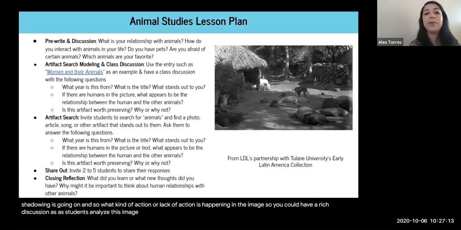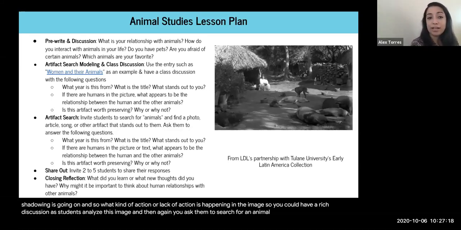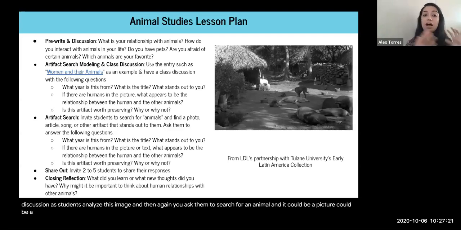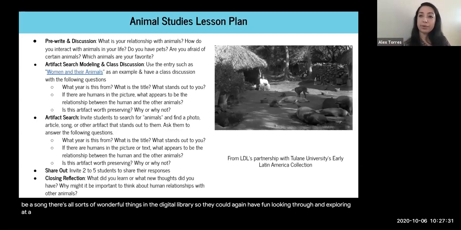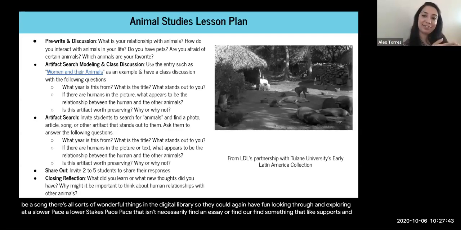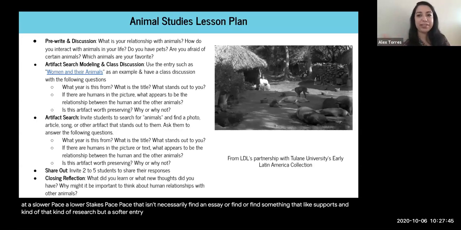And then again, you ask them to search for an animal, and it could be a picture, or it could be a song. There's all sorts of wonderful things in the digital library, so they could have fun looking through and exploring at a slower pace, a lower stakes pace that isn't necessarily find an essay or find something that supports that kind of research, but a softer entry point that's really emphasizing curiosity.